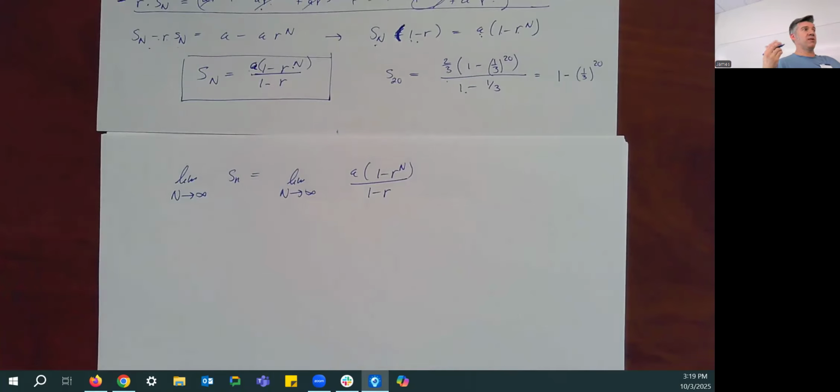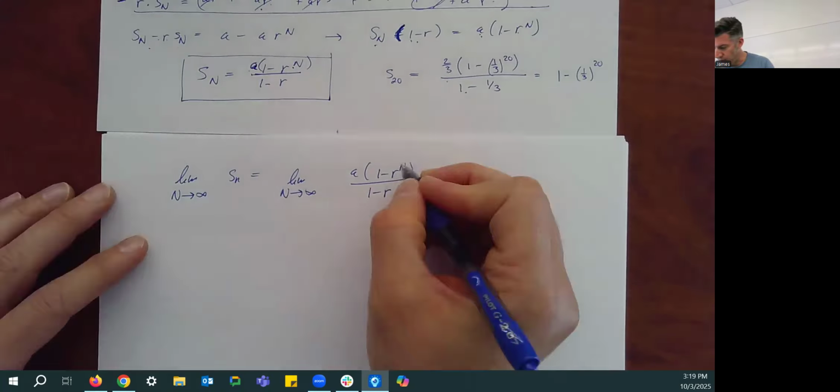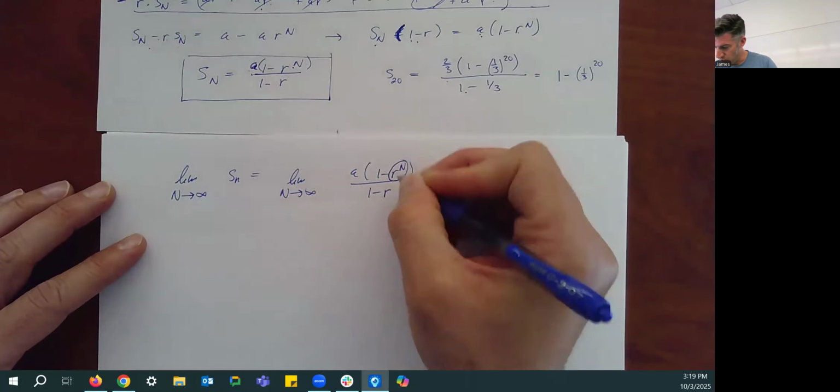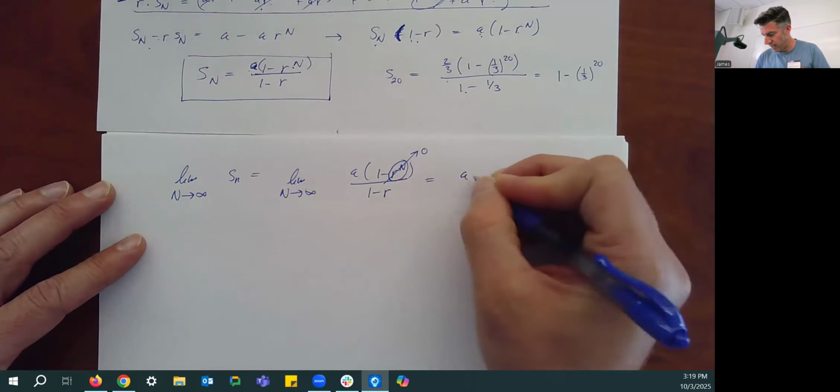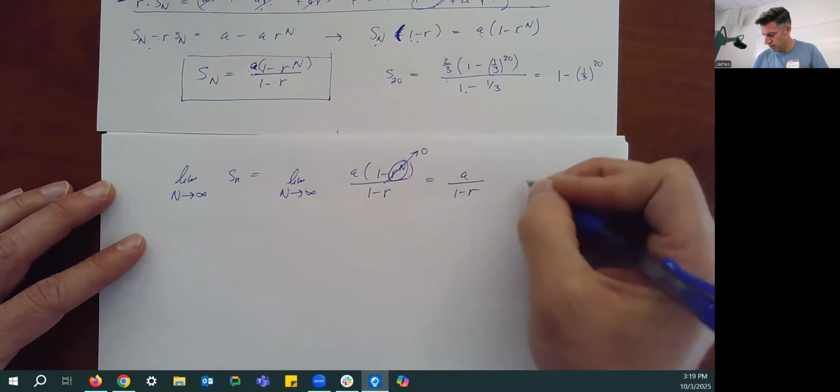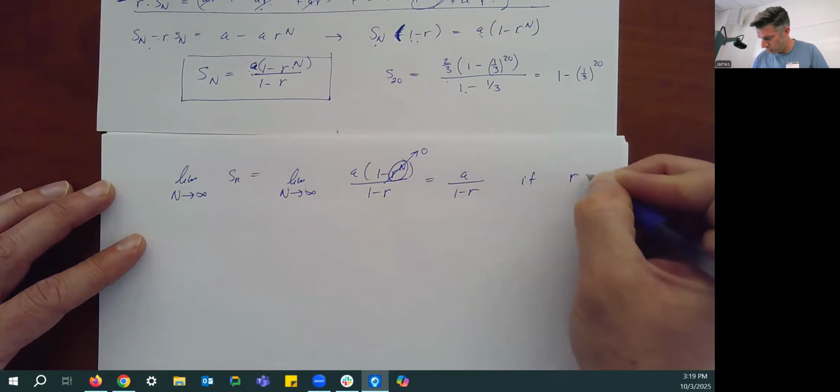If you multiply a number that's smaller than 1 and bigger than -1 by itself, it's going to get closer to 0. So this part right here is going to go to 0, provided that R is between -1 and 1.